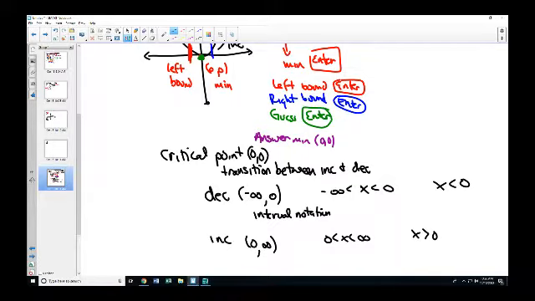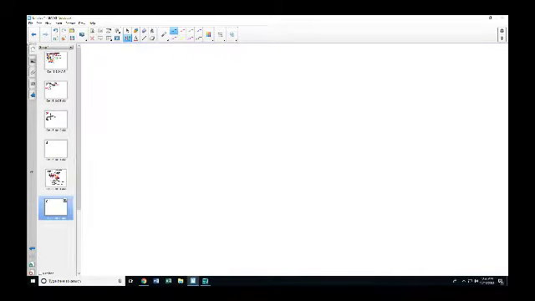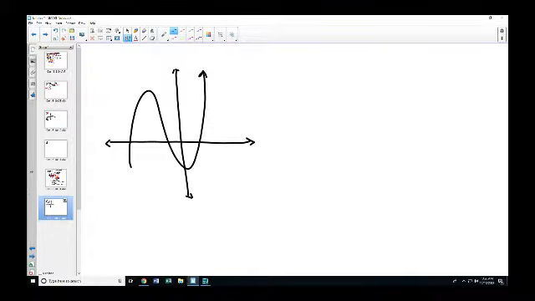Let's say, I'll just give you a graph real quick. Sometimes we're really nice, so we give you a graph. And they say critical points of f of x are at x equals negative 4 and 1.